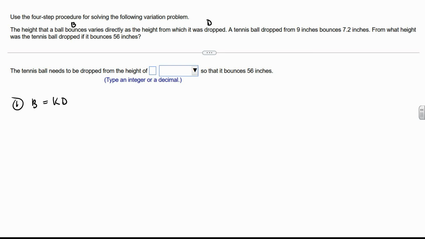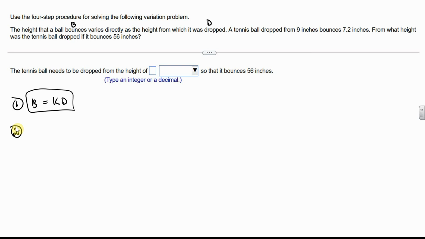So we can model that with a mathematical statement. This statement in step number 1 is called a mathematical model, and a mathematical model is just an equation.